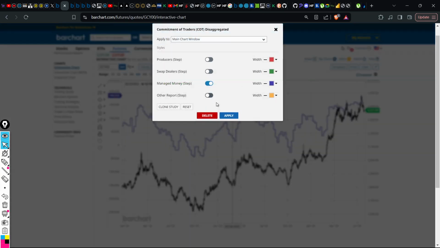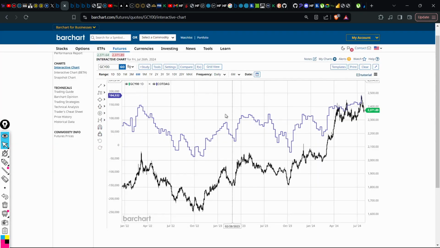These are what some of you call the big banks or the hedge funds or whatever conspiracy theory you believe in. You can see these managed money guys are trend followers because they are most bullish at the top. When the price is falling, they are falling with the price, and when the price is at the lowest, they are the most bearish.